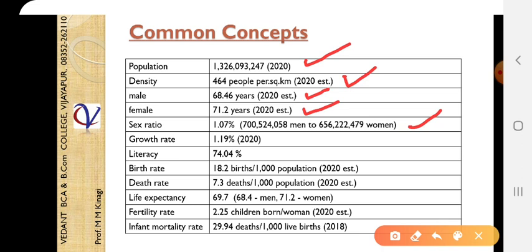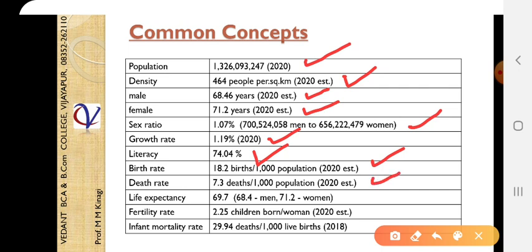Then the growth rate, as we have discussed earlier, is 1.18%, that is 1.19% growth rate of the population. If you check the literacy rate, the education, it is 74%, and the birth rate is 18.2, that is 18.2 births per 1,000 population, and similarly for death it is 7.3.